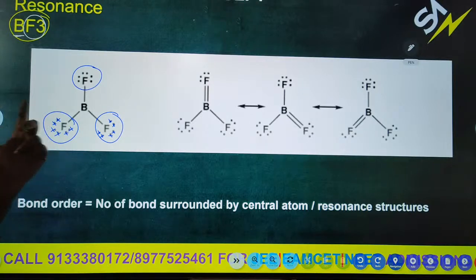So now see the boron valency here. Is it fulfilled? No. Boron valency here is not fulfilled, because boron still has less than 8, so boron does not have the octet electronic configuration.